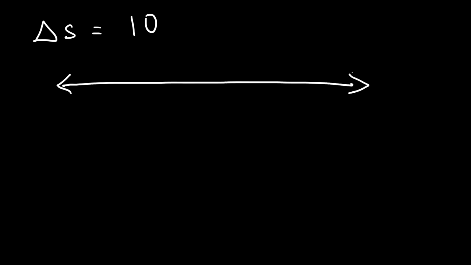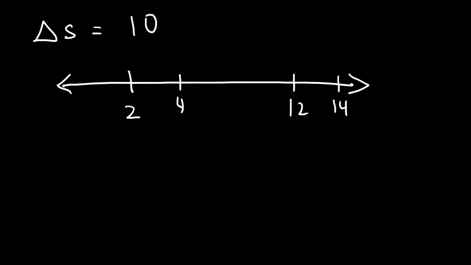So for example, you could have started at 2 and ended at 12, or you could have started at 4 and ended at 14. All we know is that the change in position is 10. It doesn't tell us if we started at 2 or 4. And it really doesn't tell us where we ended. It could be 12 or 14.